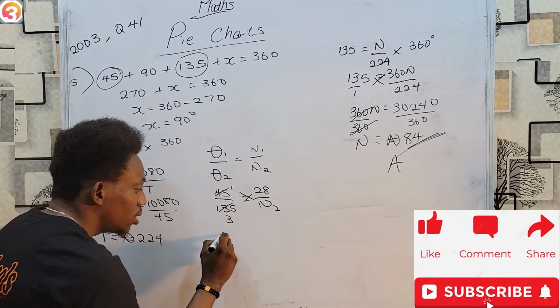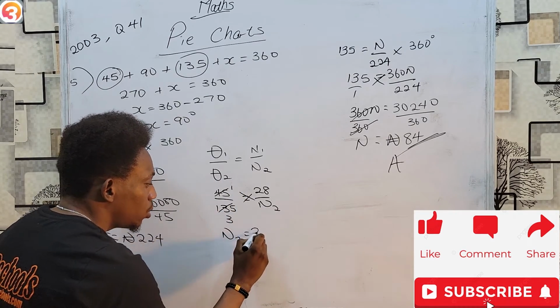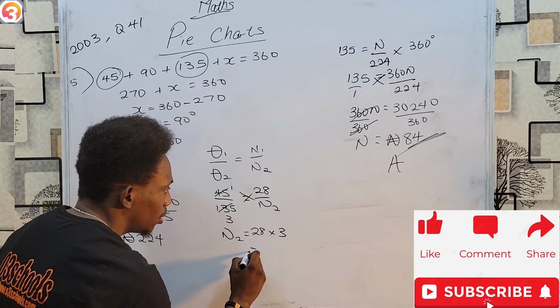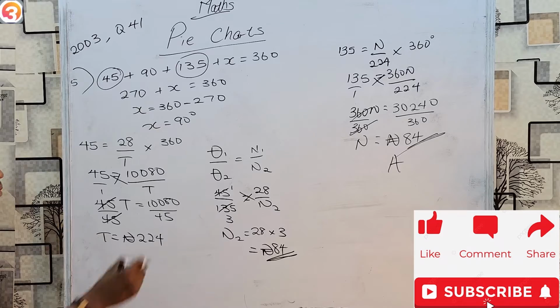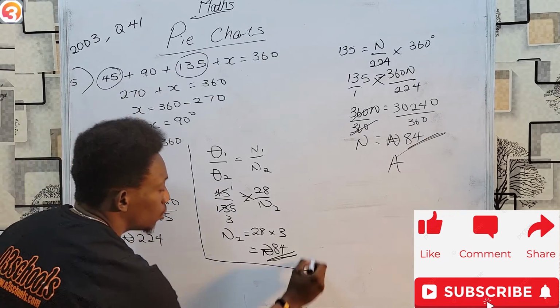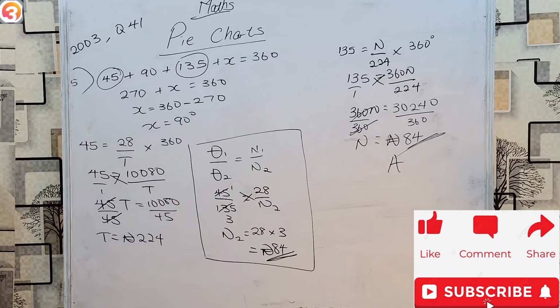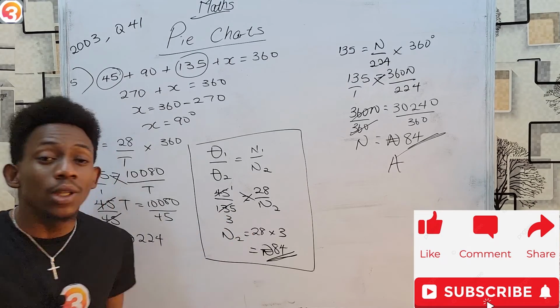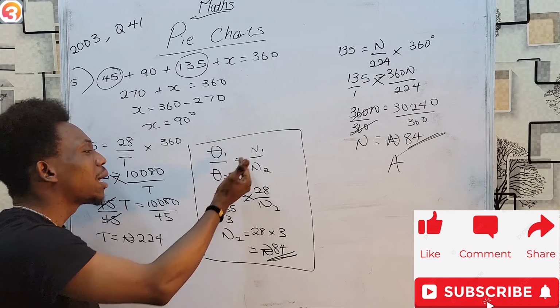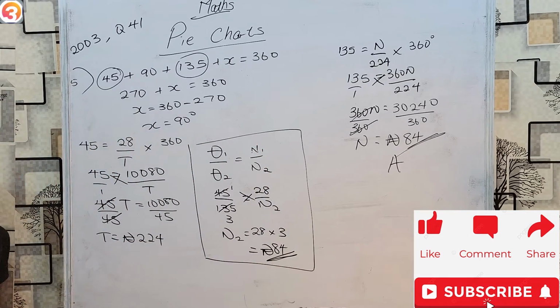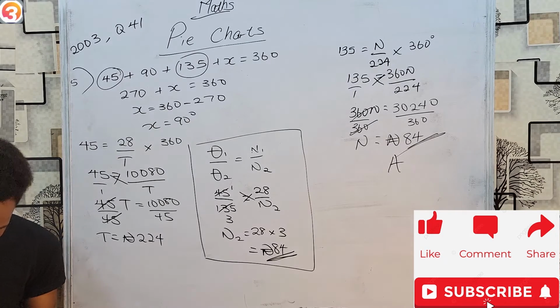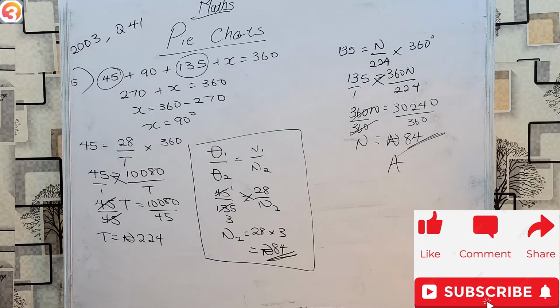N2 times 1 is N2. This will be 28 times 3, which is 84 naira. So you see, I have solved all this in just this amount of space. Now, this method is only used when you are comparing two angles and what amount they should both bring out. So any method you use, you are definitely guaranteed to get the correct answer.